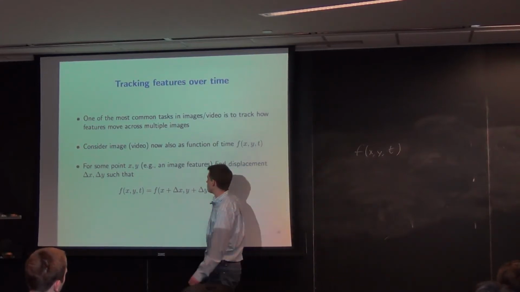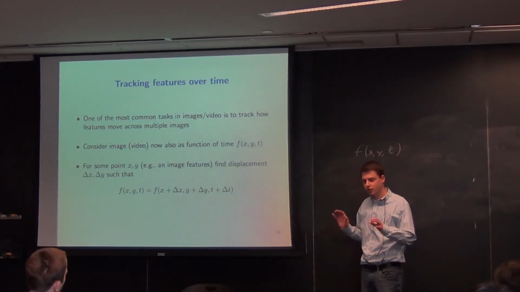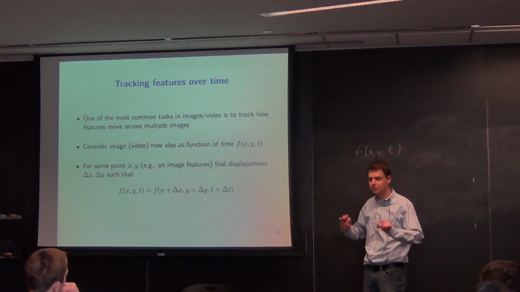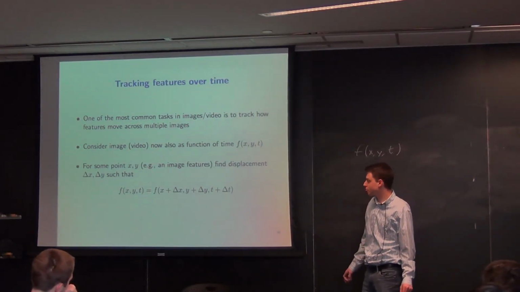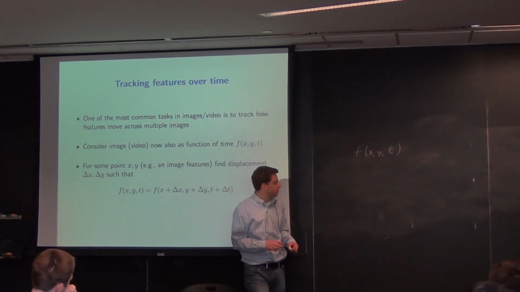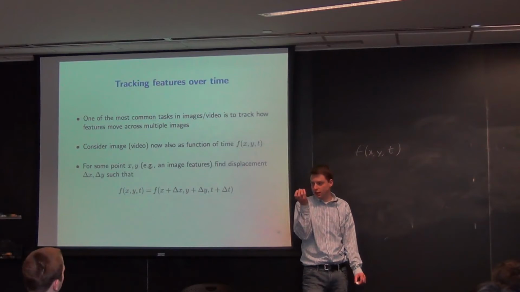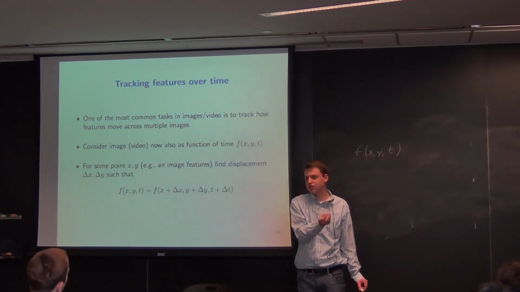So the basic problem of feature tracking, and I'll describe it in the context of feature tracking, though you can of course apply this to any point in the image you want to. Our goal is to find a point in image 1 that looks the same in image 2.